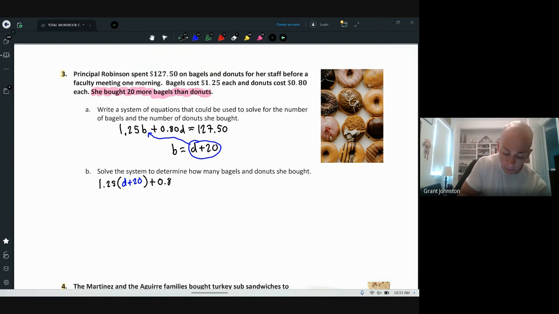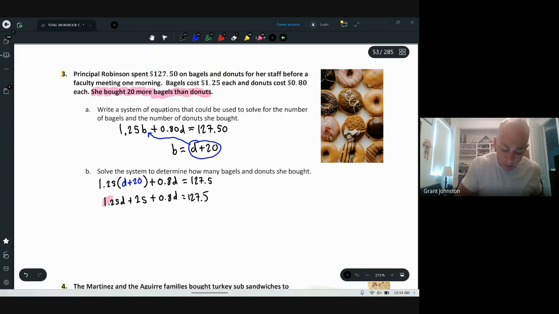Plus 0.8D equals 127.5. Distribute 1.25 times 20. I think that's 25. Yeah, just making sure. Plus 0.8D.